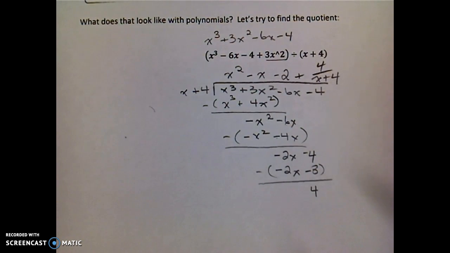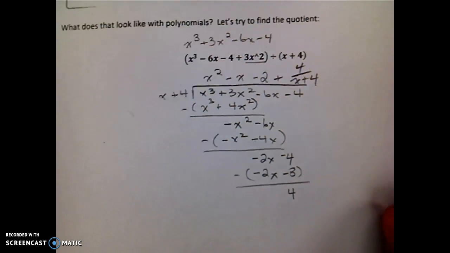Now let's check ourselves. Does this answer make sense? I don't know. I mean, we didn't memorize multiplication tables for strange polynomials the way we memorize multiplication tables for numbers back in grade school, but what I do know is that multiplication and division undo each other.